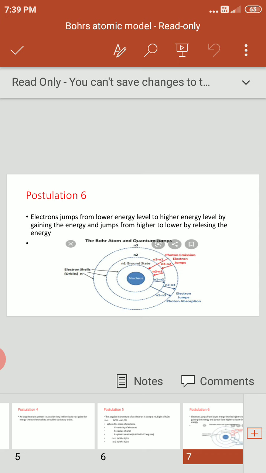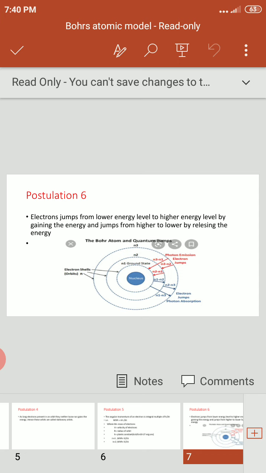An electron jumps from a lower energy level to a higher energy level, or lower orbit to higher orbit, by gaining energy. And it jumps from a higher orbit to a lower orbit by releasing energy.